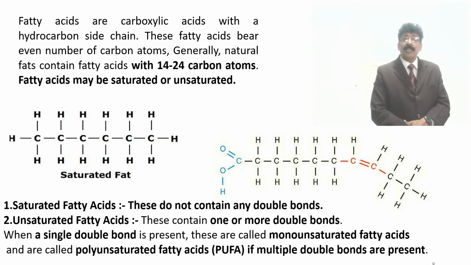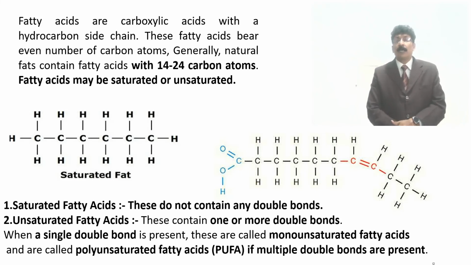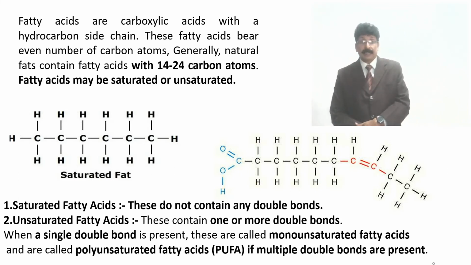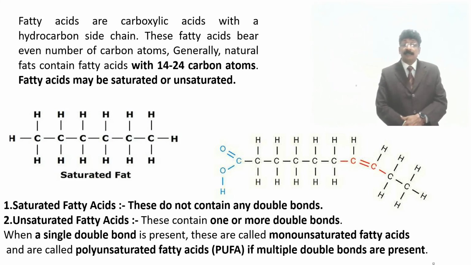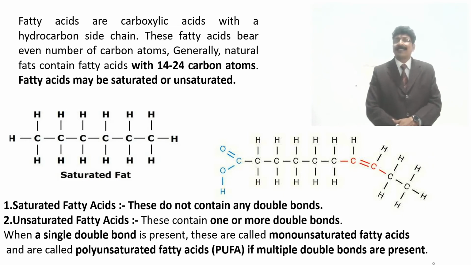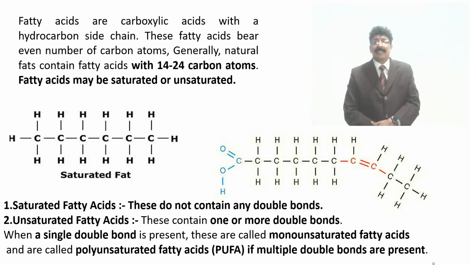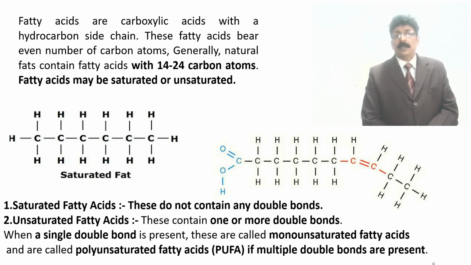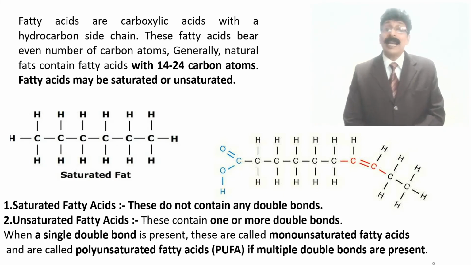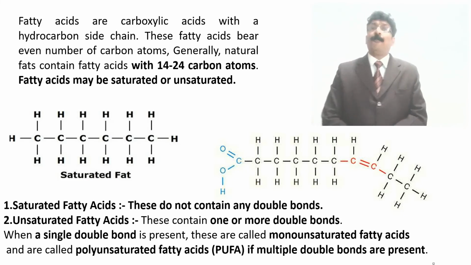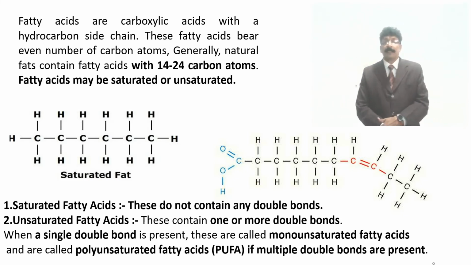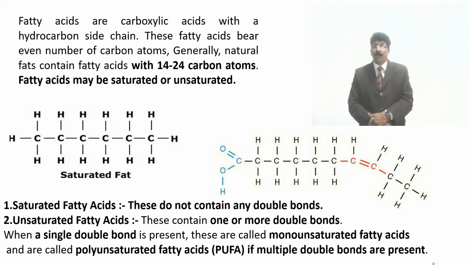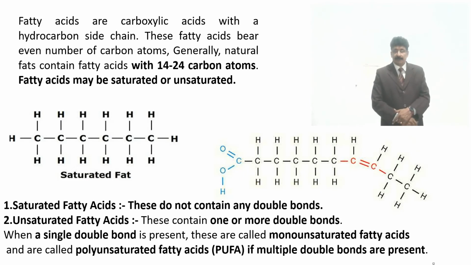So these contain 1 or more double bonds. When a single double bond is present, it is called a monounsaturated fatty acid. If multiple double bonds are present, they are called polyunsaturated fatty acids, PUFA.